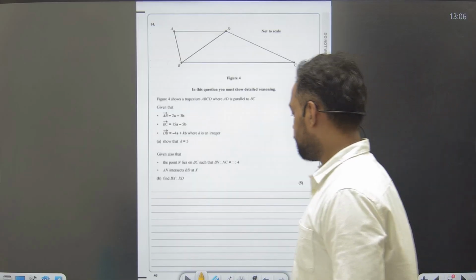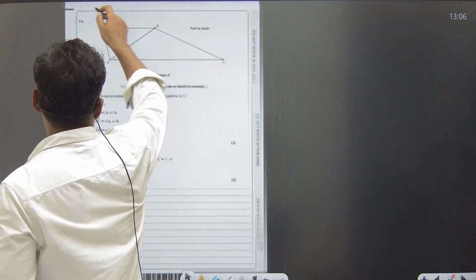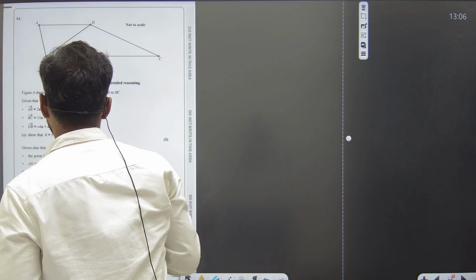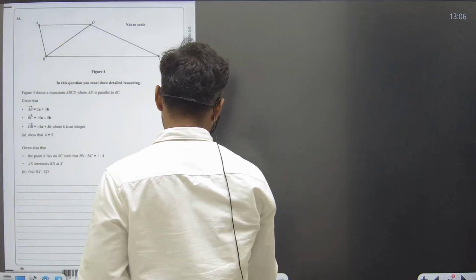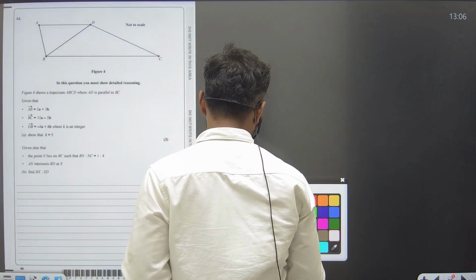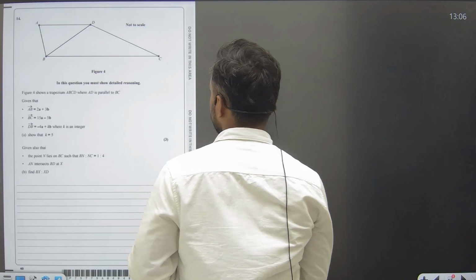Now next part, this is the vector format, student. Vector question. Yeah, let's see it.